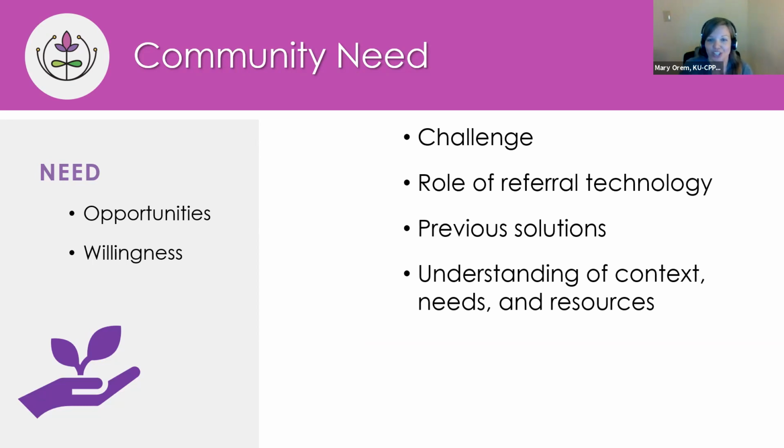And what are some solutions that the community has previously explored? And finally, do relevant community partners fully understand the community's context, needs, and resources? So I hope that as we move through these, again, you're thinking about your own community or your own state and thinking about what need brought you to this presentation today.